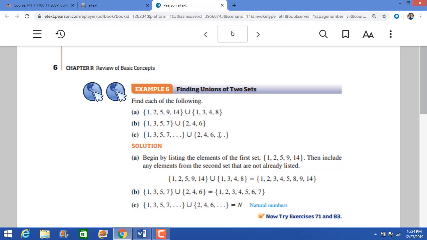And so if we put all of these together, what do we end up getting? Well, we end up getting all the natural numbers. So we just write N. Notice that we don't have to write out the set notation with 1, 2, 3, 4, 5, 6, 7, and the ellipsis. We could, but if we use the symbol N representing the natural numbers, we can just use the symbol. And that's totally fine to do.